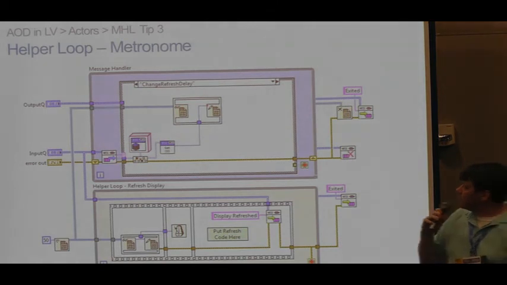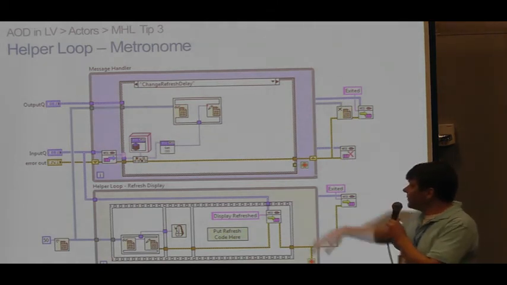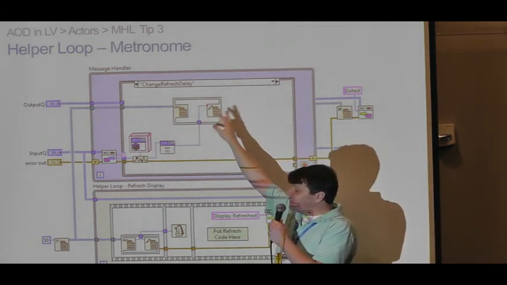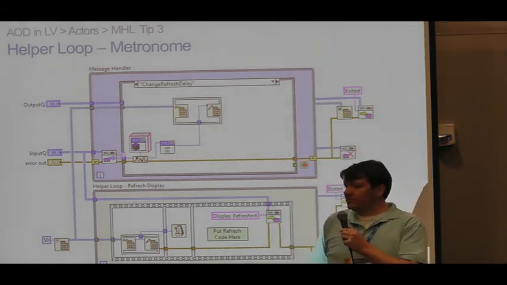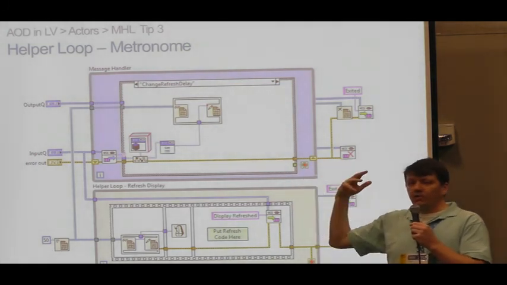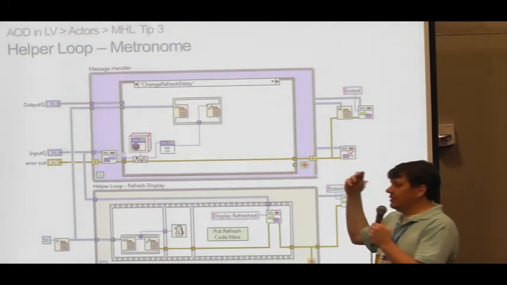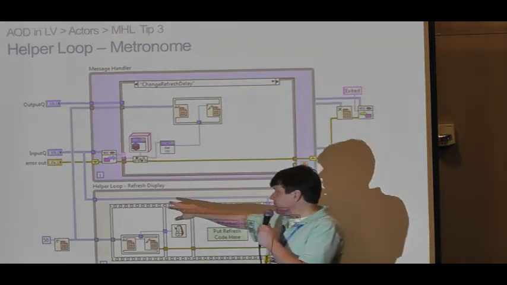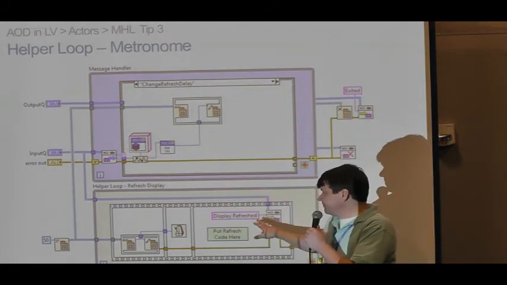Here's an example of a helper loop. Up here I've got my message handler. It's got a change refresh delay message. So it might receive this request to change the refresh delay from some external source. Down here is my helper loop that is responsible for refreshing the display.